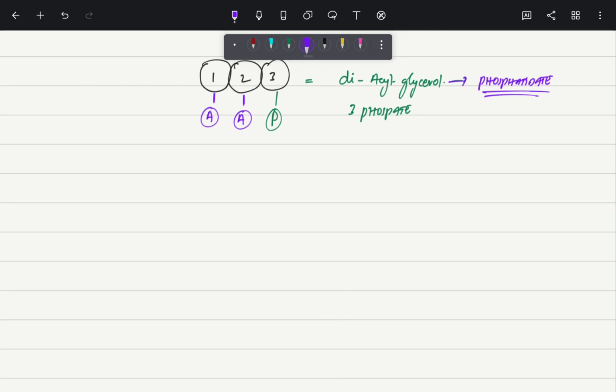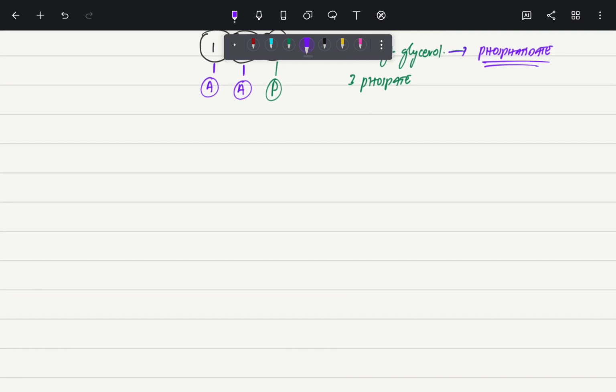Okay, so what we are going to do is a little bit of cost cutting. Now who is the cost cutter here? There is an enzyme, and this enzyme will remove the phosphate group from the third carbon. Can you tell the name of this enzyme?